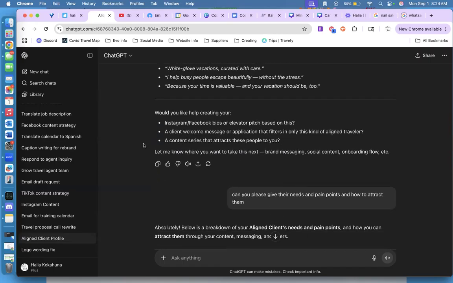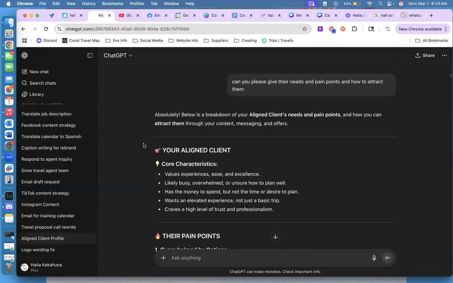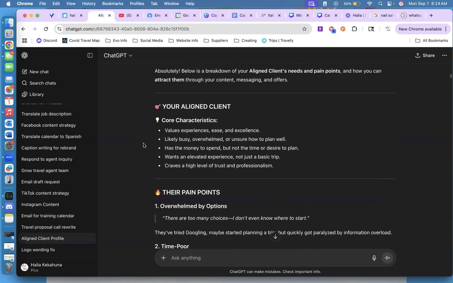And then it gives me questions on what I want to do next, right? I want to then identify their needs and pain points and how to attract them. Okay, so we're going to go through this first draft, and then I'm going to show you guys how I adjusted it a little bit when I got more information on aligned clients, right?